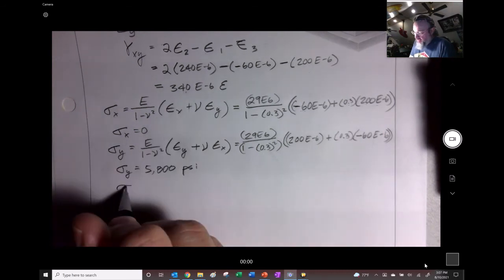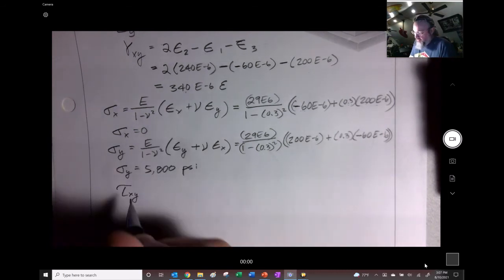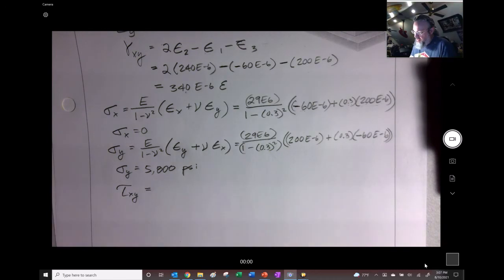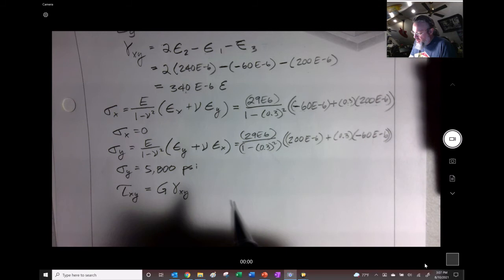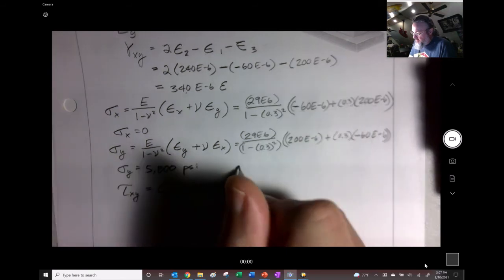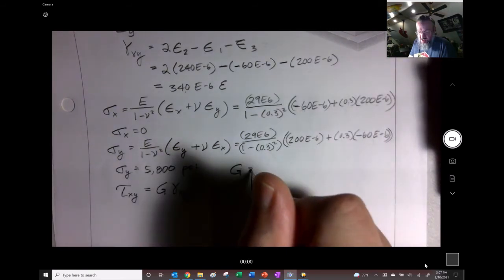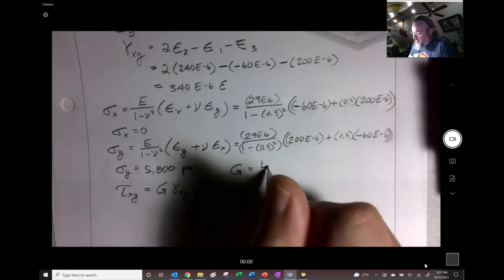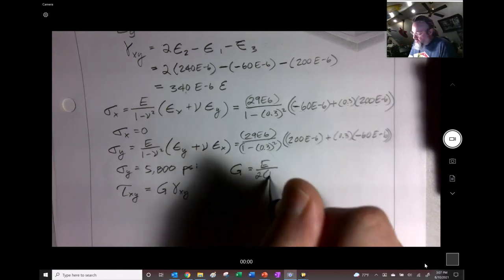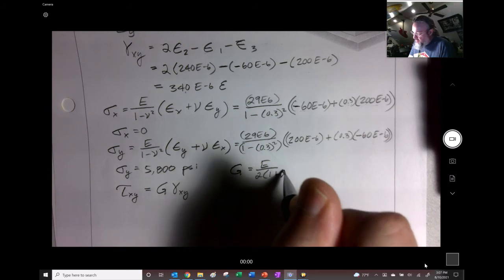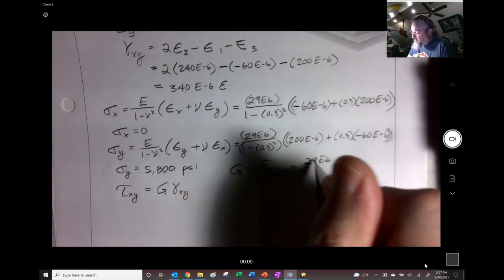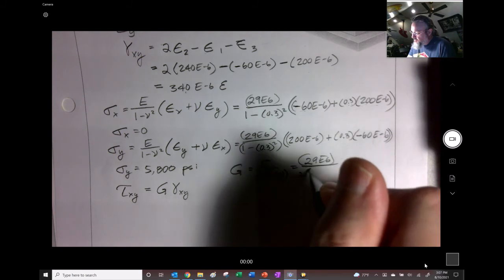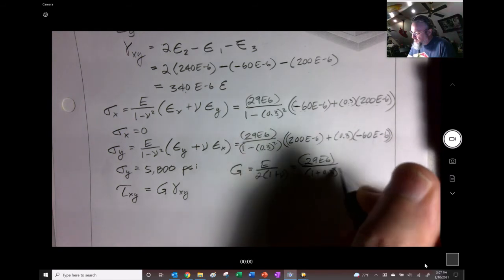So if we want to get tau xy, well, first I needed to do something first. We get gamma xy, and we know that G is equal to E divided by 2 times 1 plus nu, or 29E6 divided by 2 times 1 plus 0.3.